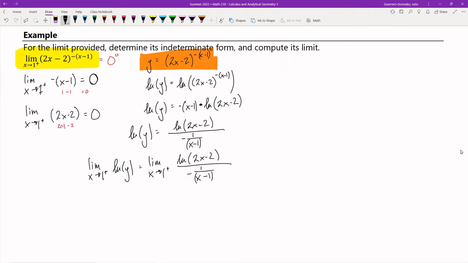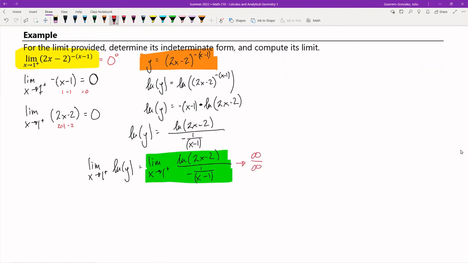Okay, so notice we're still trying to find the limit here, okay? And I want everybody to take a look at this thing now. Okay. What we have here now is we have something that looks like it's going to do this.